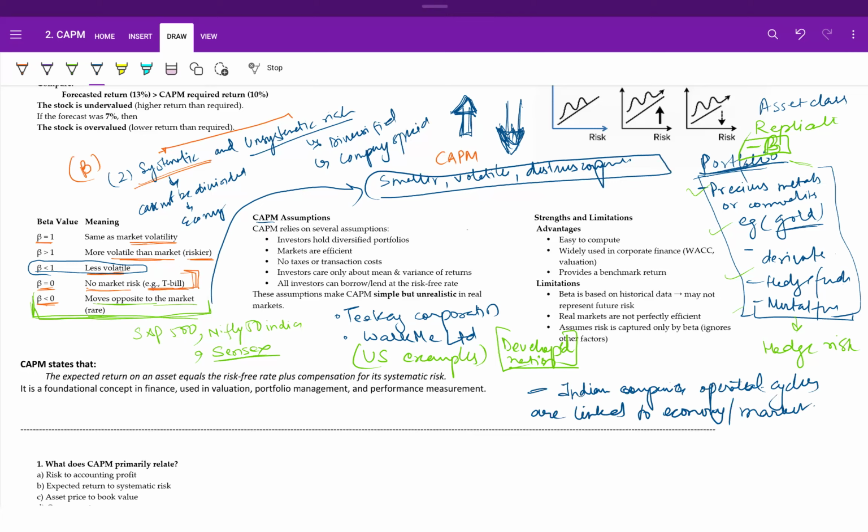Companies with negative beta are not common, but they can be found because they are rare, in the United States or in developed nations.